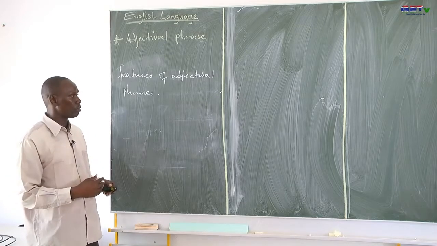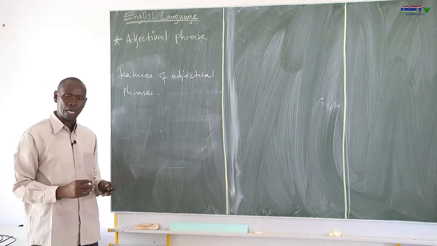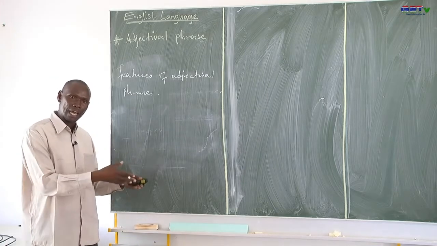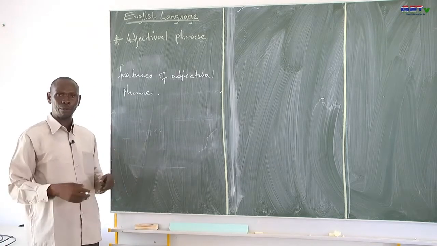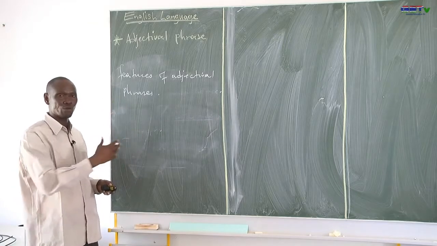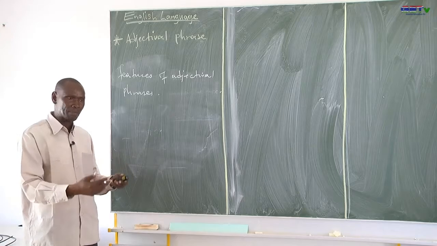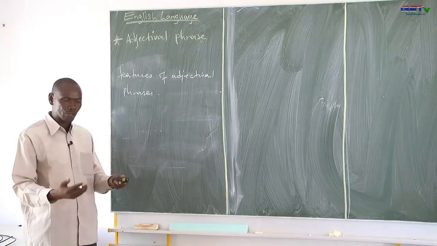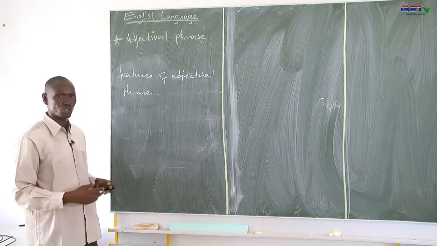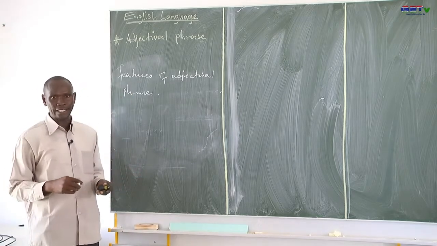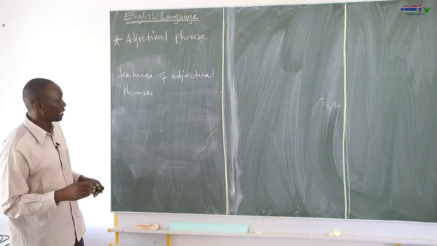Those of you who could recall, we talked about noun, and we said when you come to noun, you may have articles, you may have a noun or pronoun acting as head word that will help you to determine whether it is noun or otherwise. And when you come to adverb, you may have ly words or adverbs acting as indicators or head words of such, or even subordinating conjunctions. But when you come to adjectival, how do we identify them?